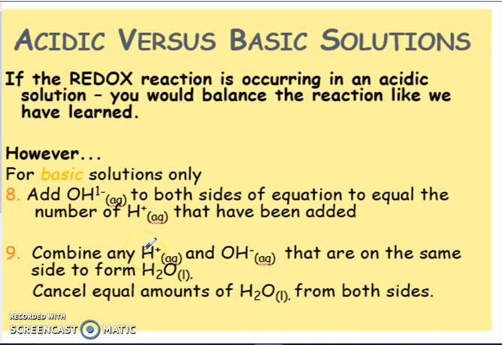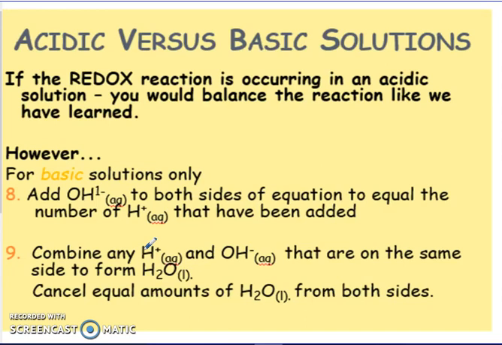All right. So sometimes when you're doing redox reactions, it may be in a non-neutral solution. The question would have to tell you, of course. It would say the following reaction is happening under acidic conditions or under basic conditions. If it doesn't say anything, you're going to assume that it's happening under neutral.